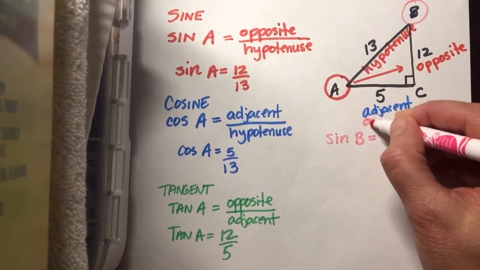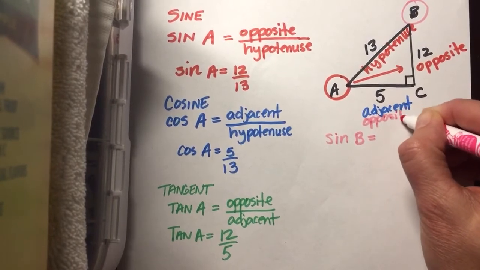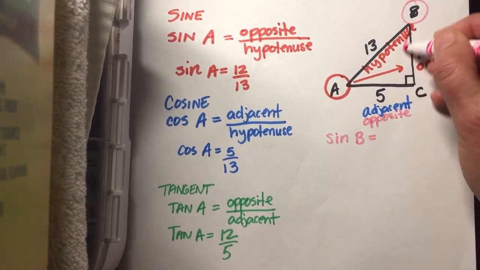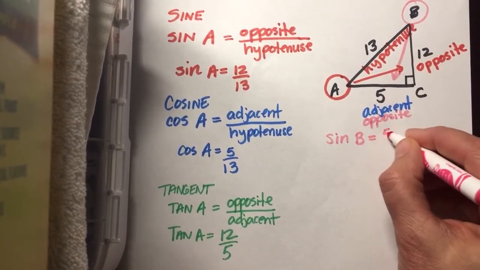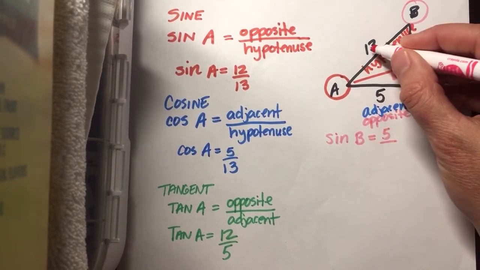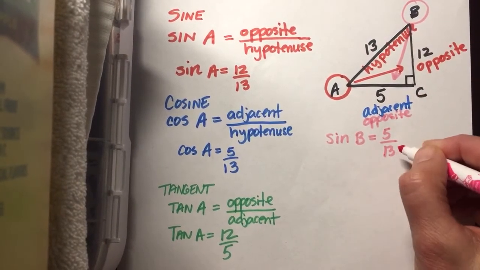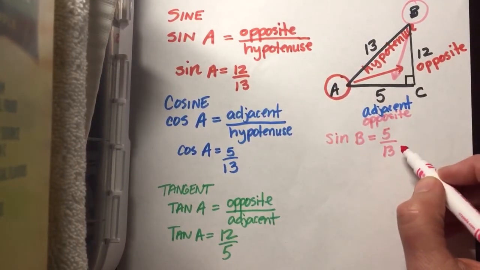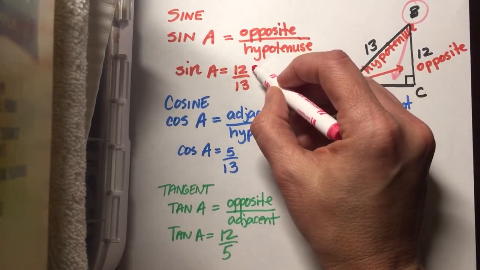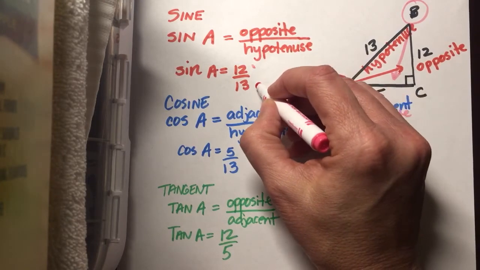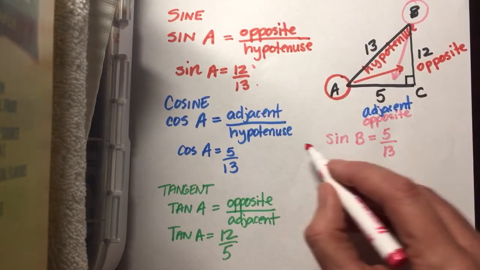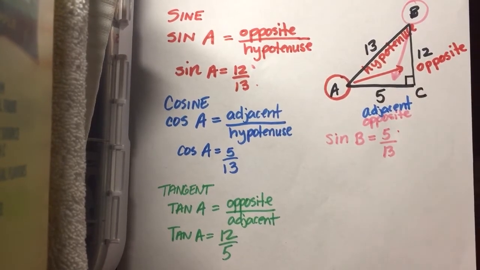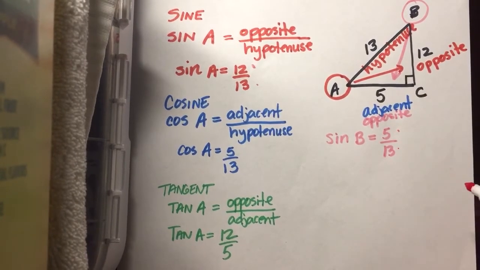Now, this becomes your opposite side. Does everybody see that? So what's opposite from B? 5. And the hypotenuse is still what? 13. So you can see the sine of A is a different ratio than the sine of B. The sine of A is the side opposite A over the hypotenuse of the triangle. The sine of B is the side opposite B over the hypotenuse of the triangle.